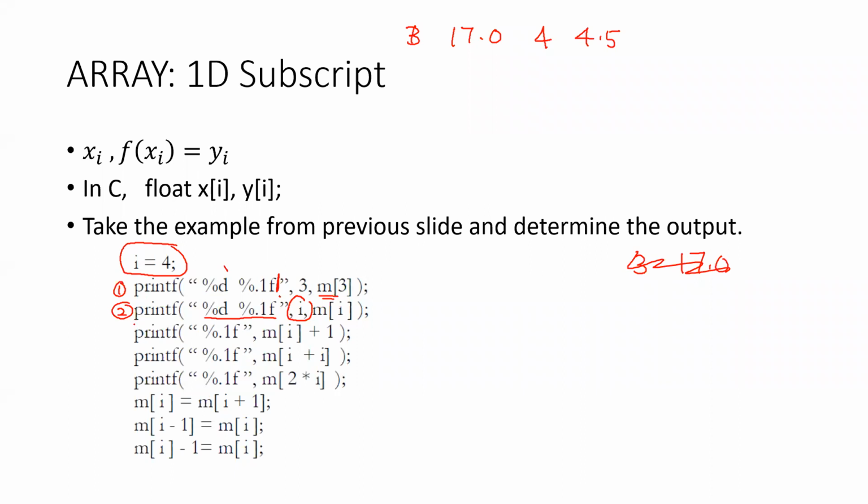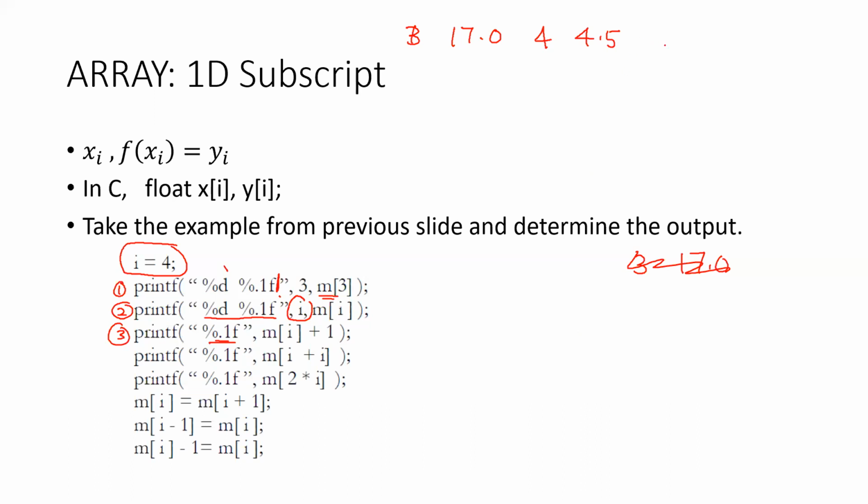Let's see this one. Nombor 3. Printf single float, single output, just single output. And then M4 plus 1. 5.5.